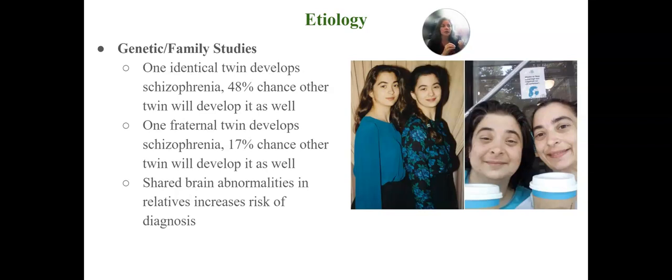They have the same prenatal environment, but not the same DNA. We actually have a significantly higher rate of co-occurrence. So when one identical twin is diagnosed, there's a 48% chance the other will be diagnosed as well. When a fraternal twin is diagnosed, the chance is only 17%, which is still higher than a typical sibling.